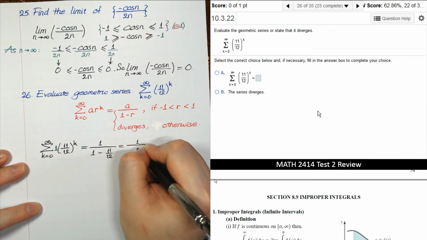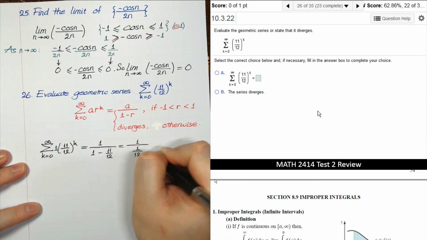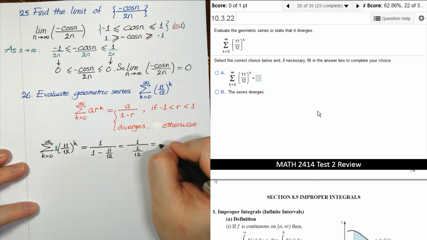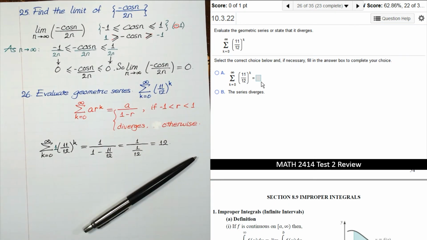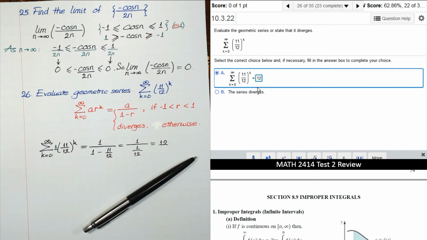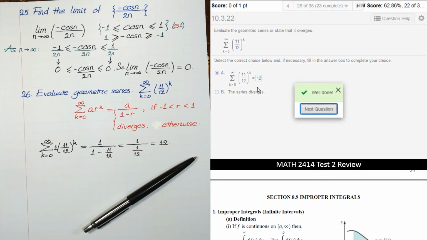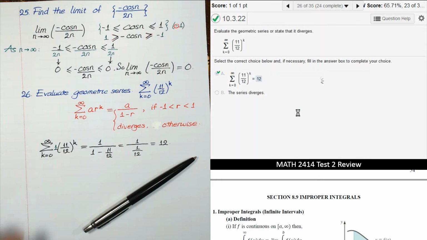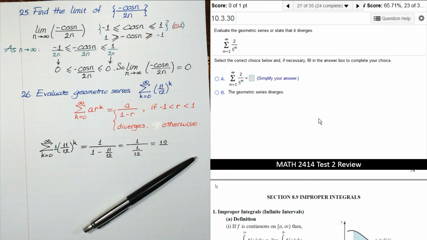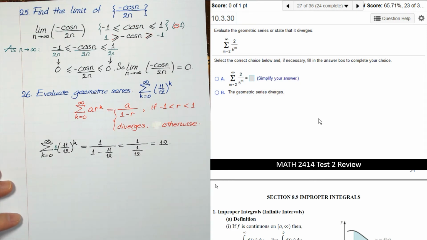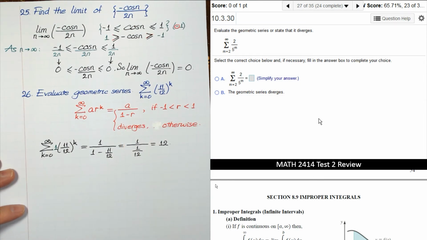One minus 11 over 12 is 1 over 12. Dividing by a fraction is multiplying by the reciprocal. So this is just 12. So very straightforward for the geometric series, the sum of the geometric sequence that goes to infinity. We have more of this, but still the same formulas.